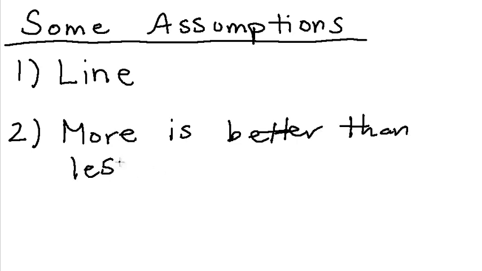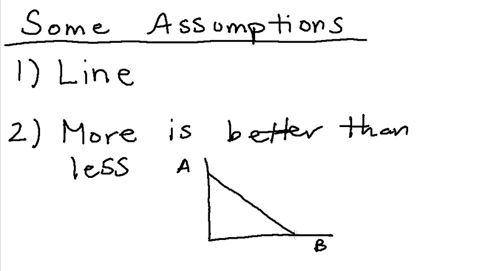So let's see what this means when we put these two assumptions together. We have apples on one axis and books on another. And here's our budget line. So what we're going to find is that a person, when faced with this budget constraint, would never choose this point.